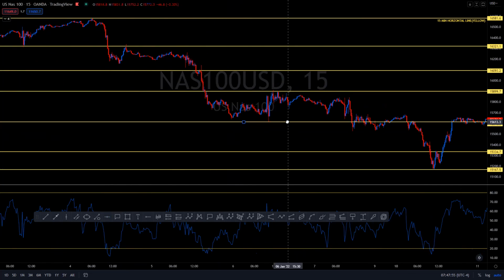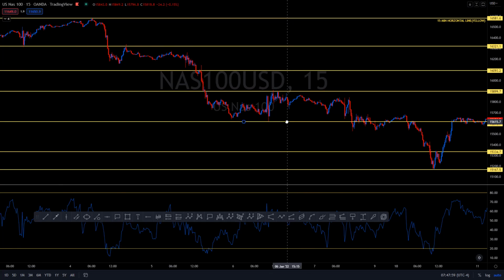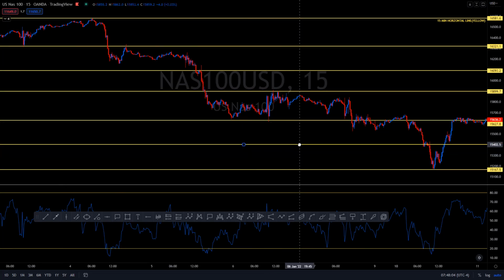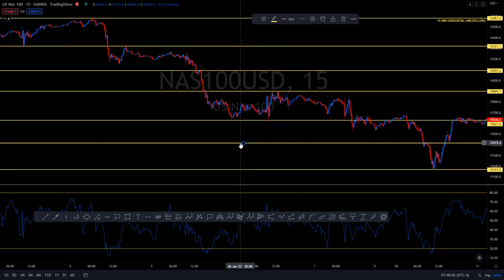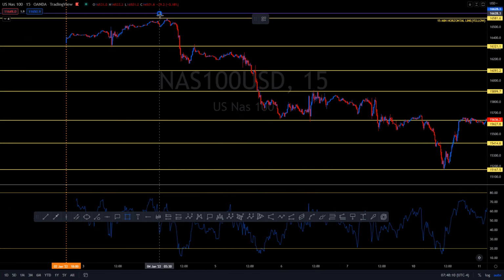Let's see, let me get this one, kind of touch it up. Yeah, there we go. Now I'm going to actually mark up zones on these lines.